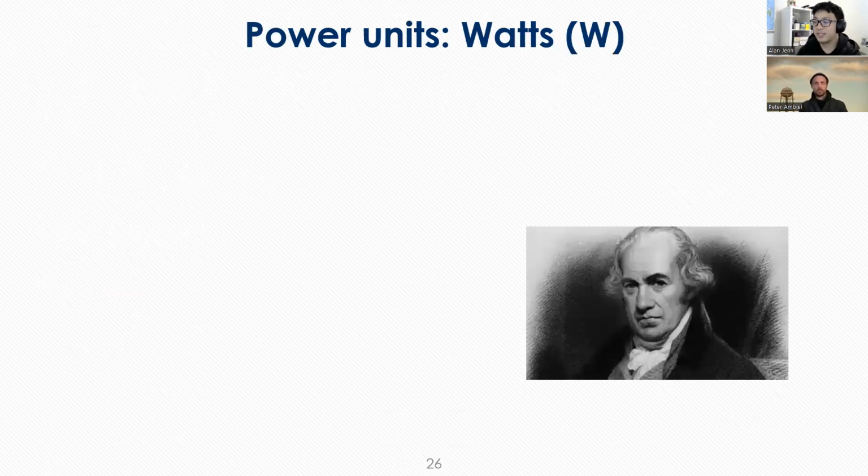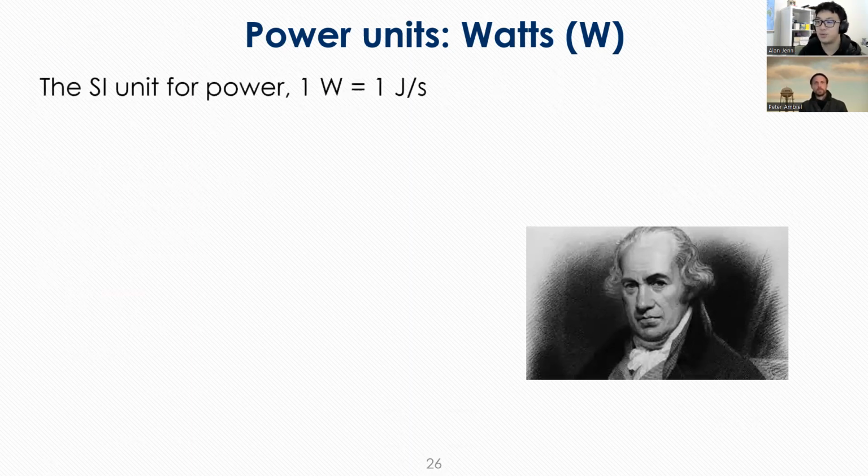So watts is the equivalent of joules for power, or it's analogous, right? It is the SI unit for power, and 1 watt is simply equal to 1 joule per second.